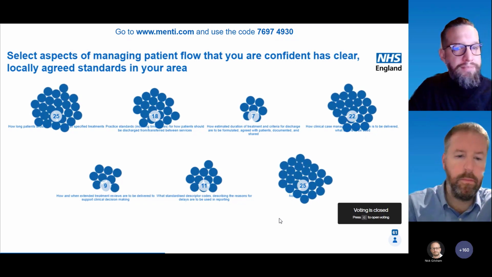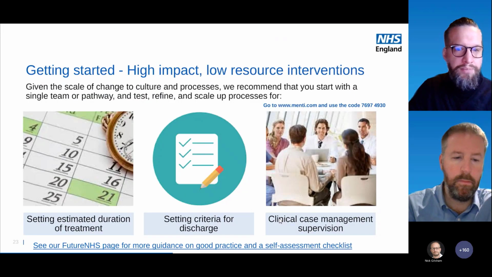What we're going to talk about today in more detail is the high impact and low resource interventions. These are a suite of resources that have a compound effect when they're used together, so we recommend using all of them, but doing all of them in one go obviously requires a lot of work, and as I said earlier, is a significant culture change.